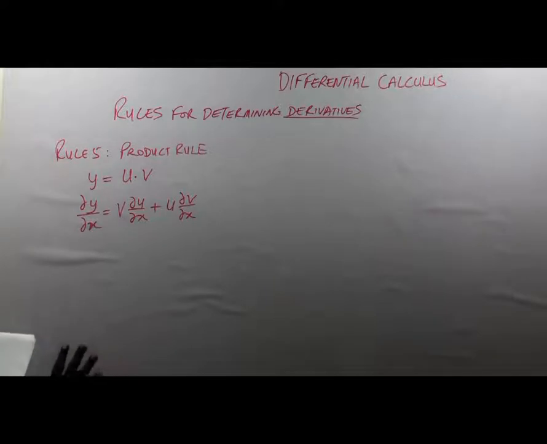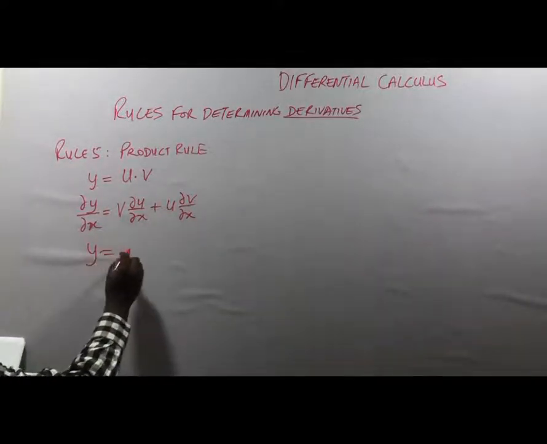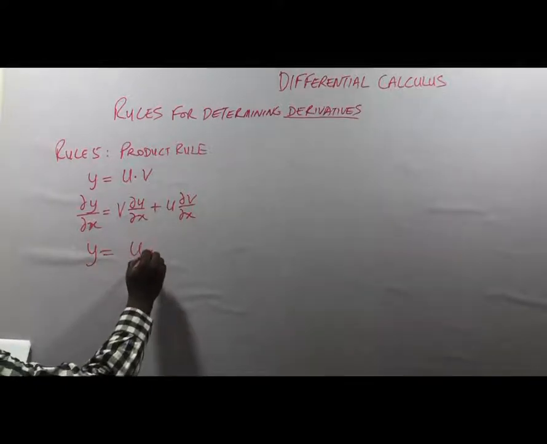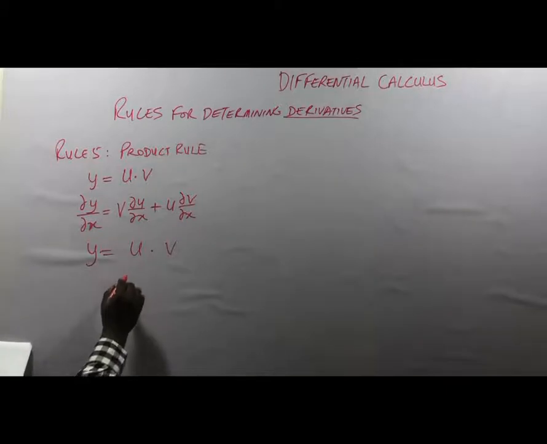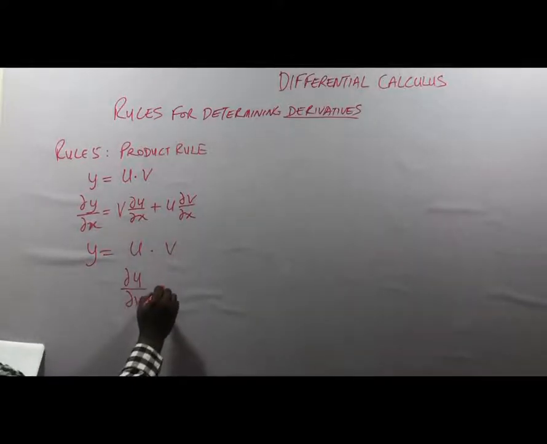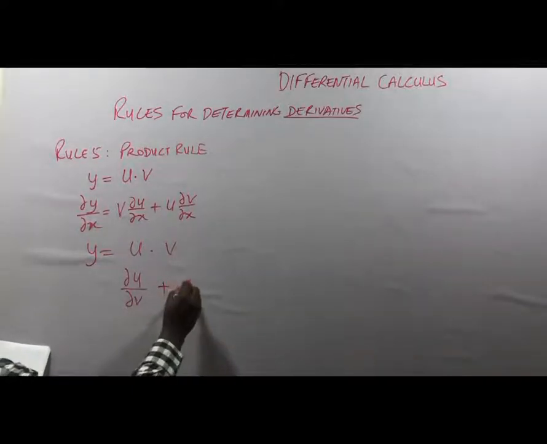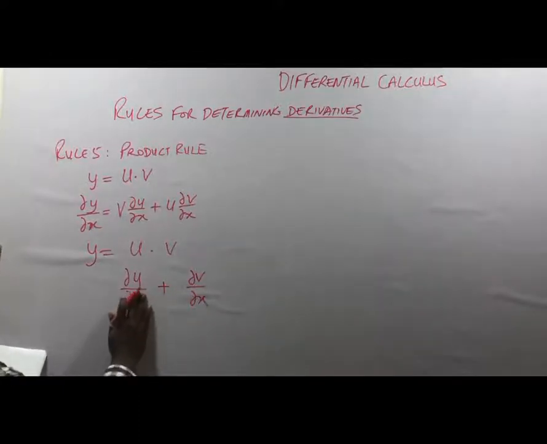What I usually tell my students to do, where you have to deal with something like this, you have u and then multiply by v. Now what you do, find the derivative of u and of v, that is du/dx and dv/dx.